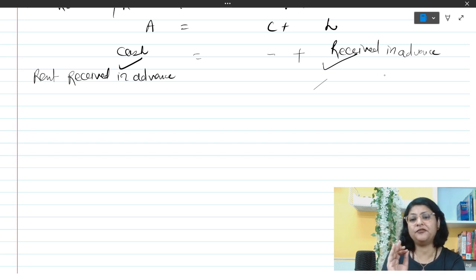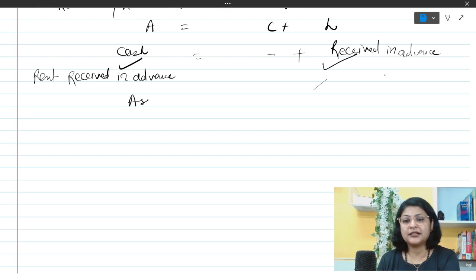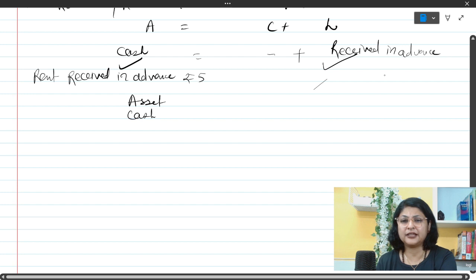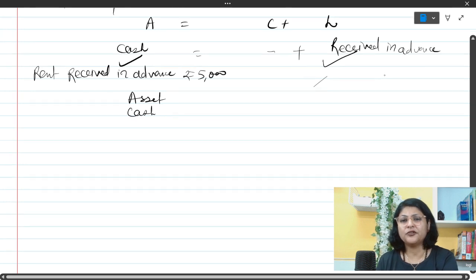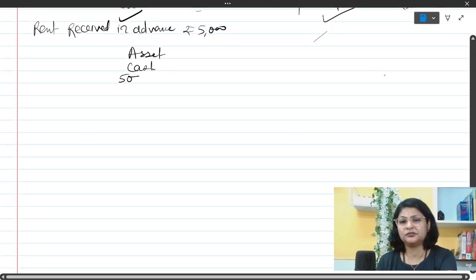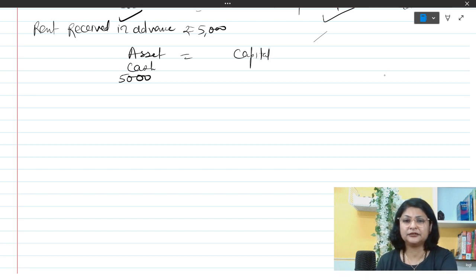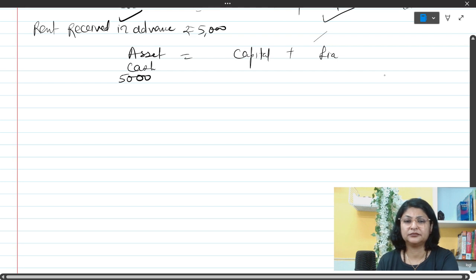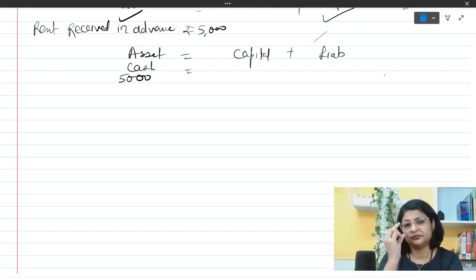Whenever you receive rent in advance, your asset side cash will be increasing. So let's say this amount is 5,000 rupees. You will add it into cash. On the liability side, you will make one liability known as pre-received rent, or rent received in advance.